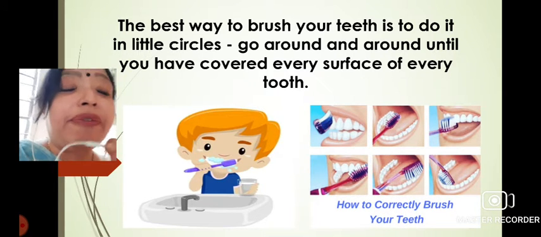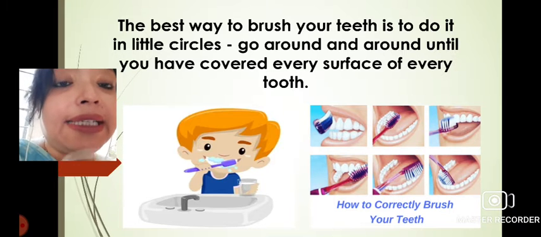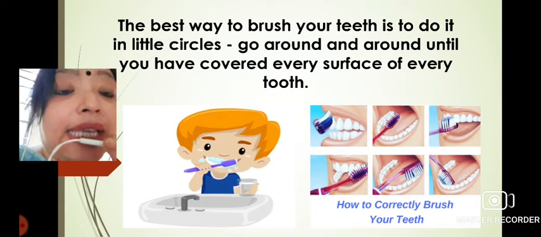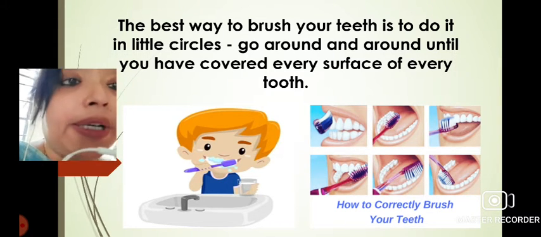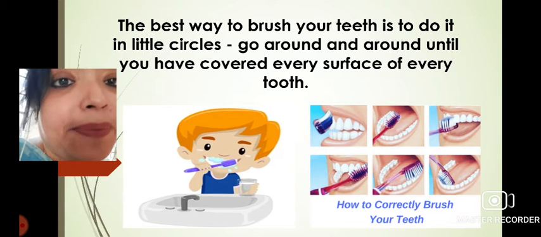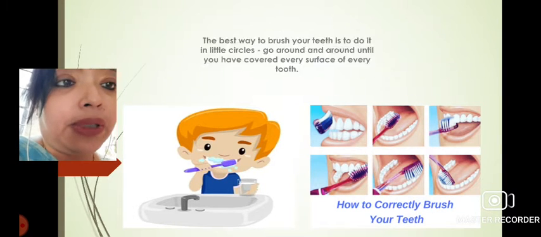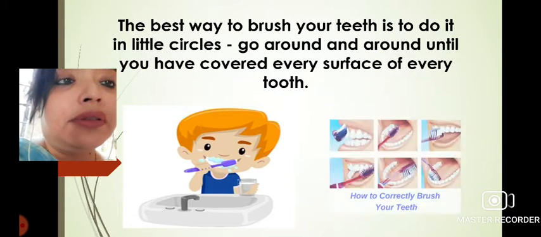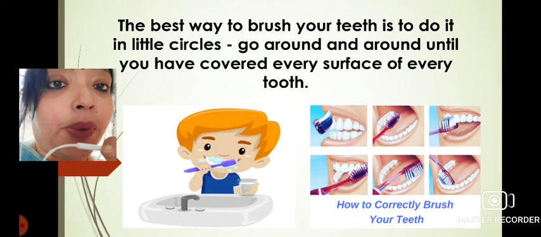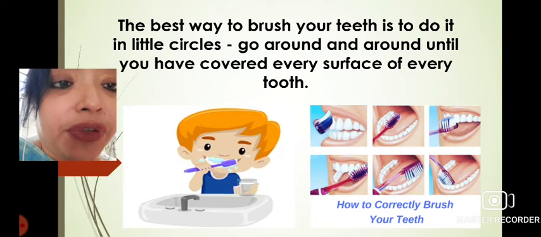My basic intention is that the washing has to be done in every corner, so all of you please take care of this while brushing the teeth.